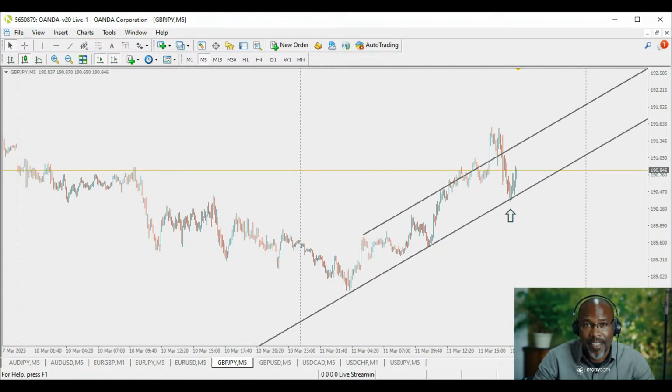60-minute price flow has gone from slightly bearish back to slightly bullish.